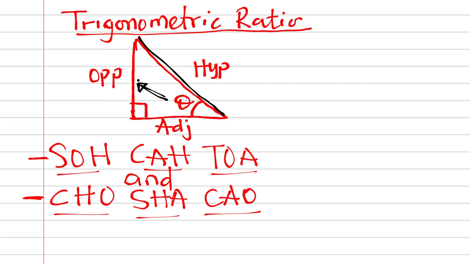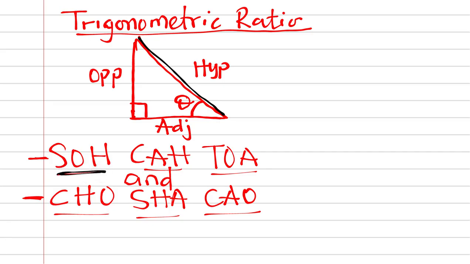So if I have angle alpha in this place, then automatically this one becomes the opposite. Any side that is facing the angle is what we refer to as opposite. So be familiar with that. And then the third side is the adjacent.